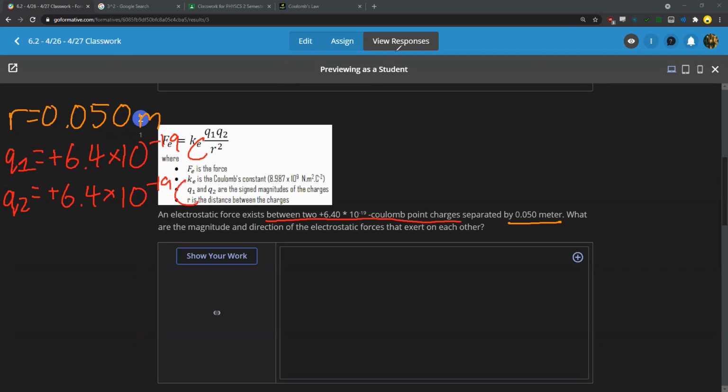And what are you trying to find out? Fe. Yeah, you're trying to find out the electrostatic force between these two objects. So you're just going to plug it into a formula.